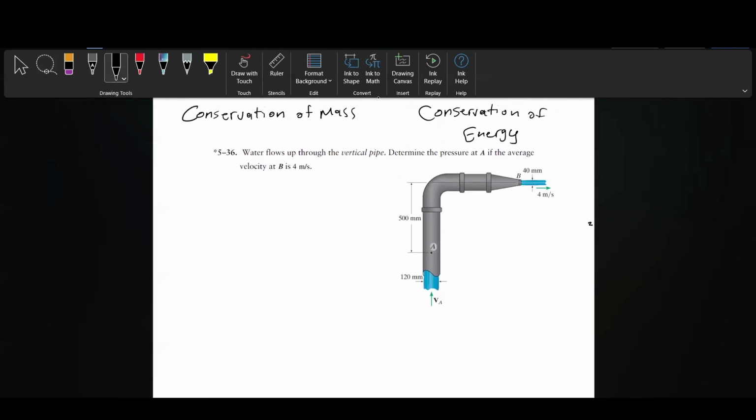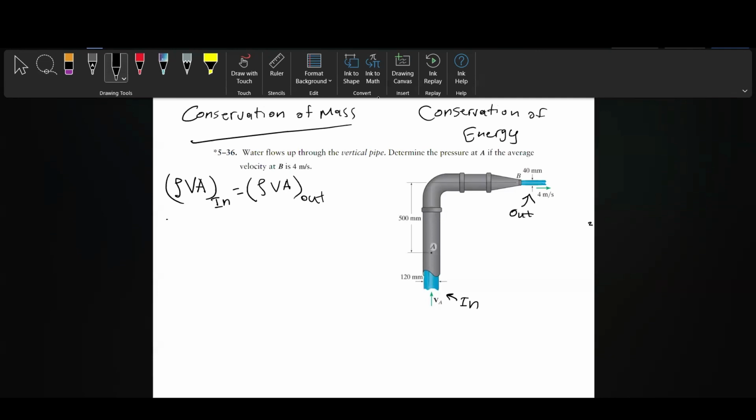This is conservation of mass. If you remember, after we make all our assumptions, basically what it says is the mass flow in equals the mass flow out. Here we have VA as our in, VB as our out.